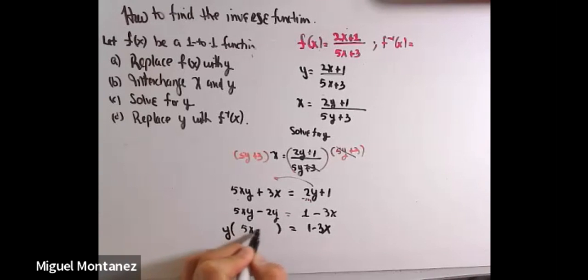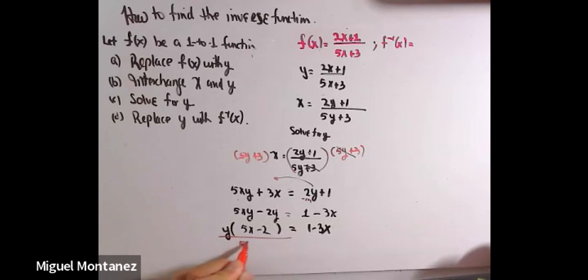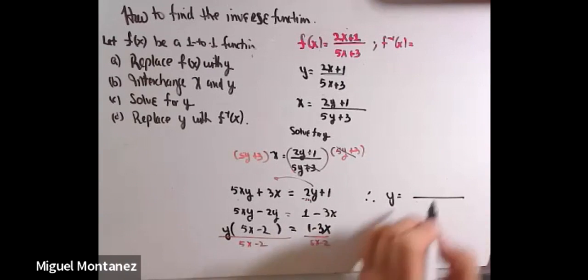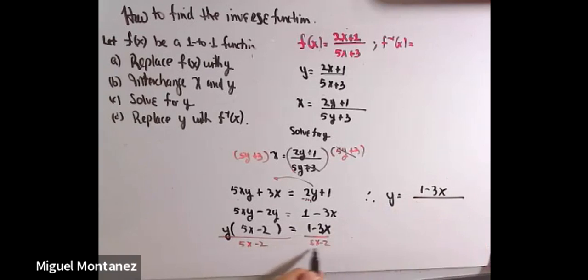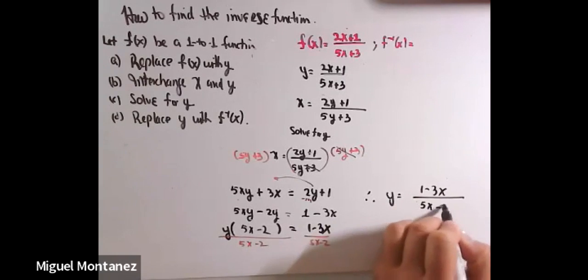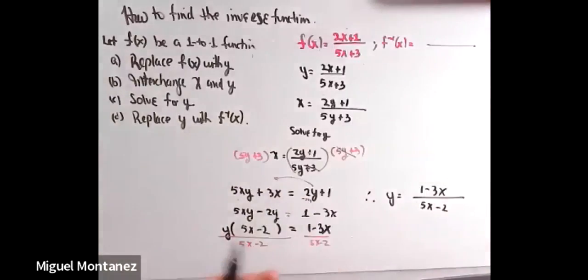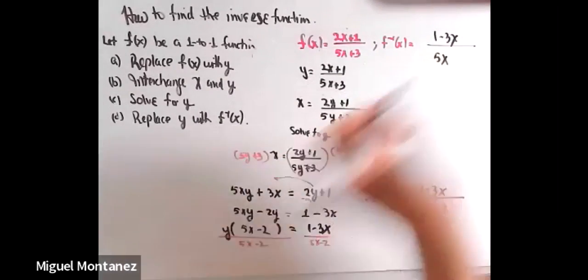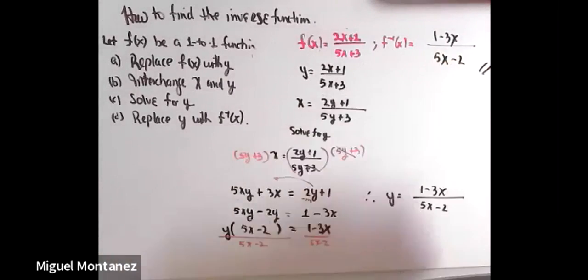Okay, 5x minus 2 equals that. And yes, you guessed it, so now we can divide by 5x minus 2. Therefore, y equals 1 minus 3x over 5x minus 2, and that's my inverse function indeed. 1 minus 3x over 5x minus 2, done.